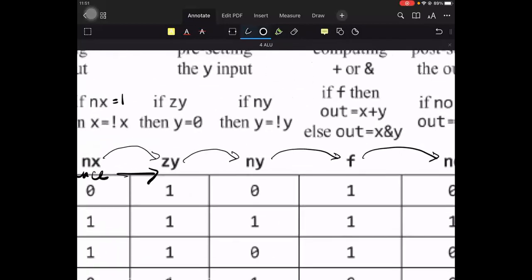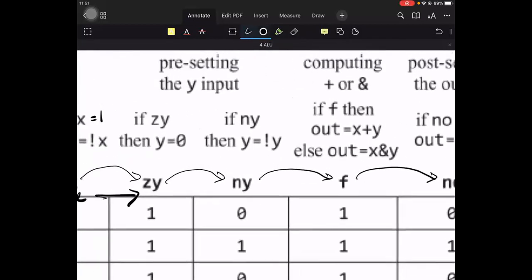Next is the presetting of the Y input, which is the same. If ZY is equal to 1, it converts Y into all zeros.